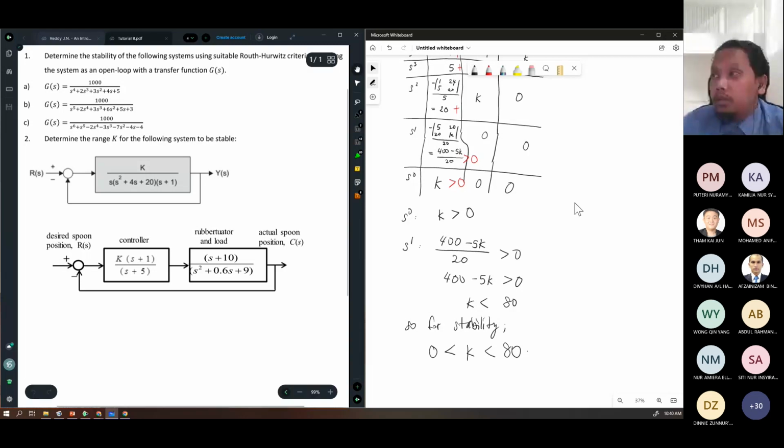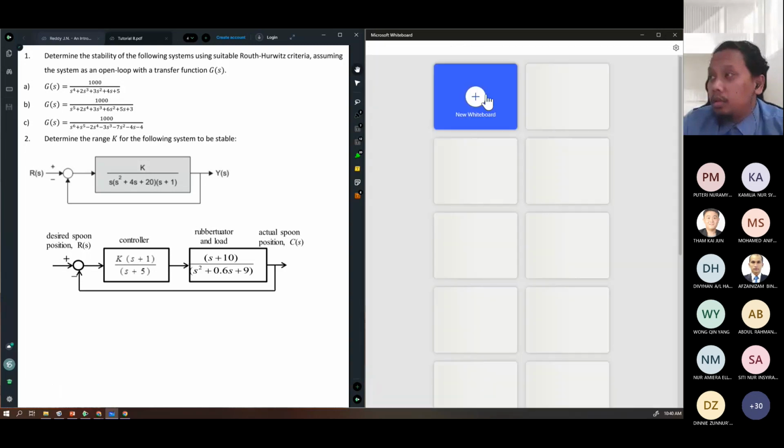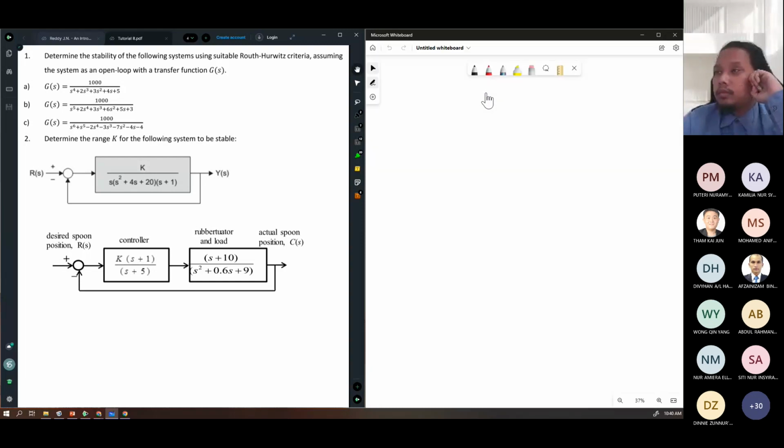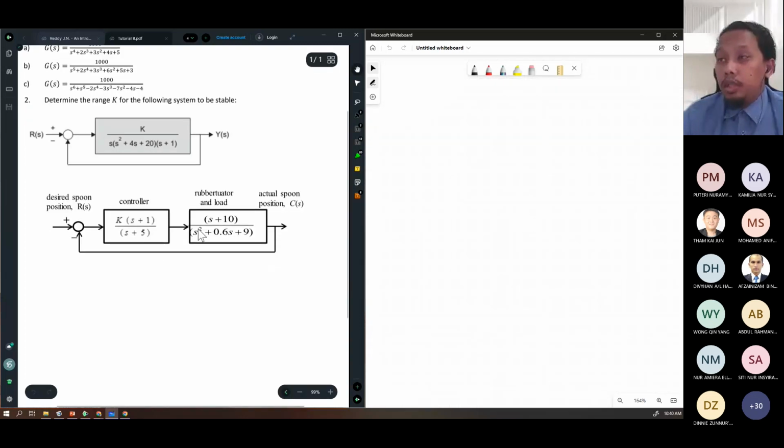All right, now let's look at the second system for question number 2. The second block diagram here, the arrangement is slightly different from the first one. So you need to simplify first.